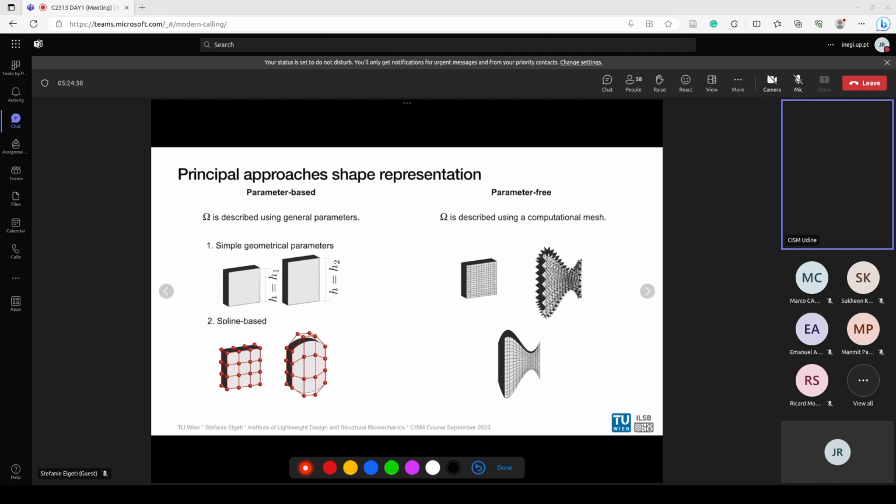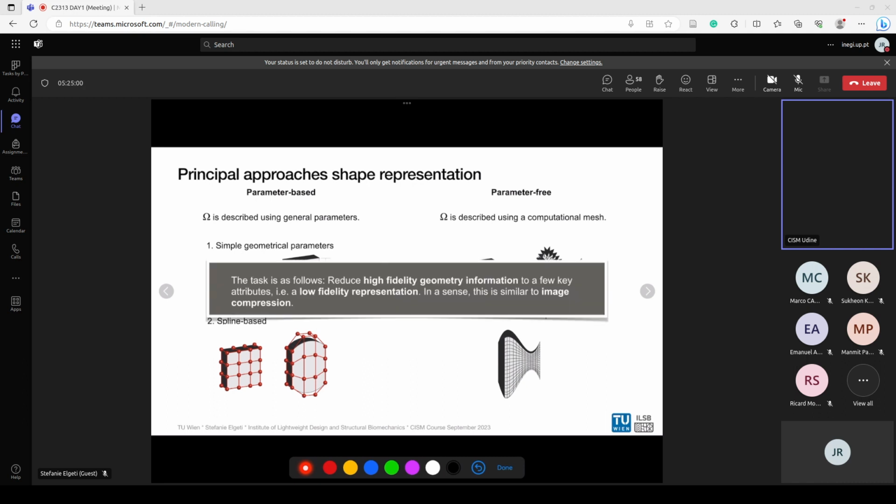Now think back to the shape representation. So we had this parameter-based, parameter-free, and in principle, what we're trying to do is that we have some high-fidelity geometry representation of a complex shape, and we try to squeeze this into few parameters.